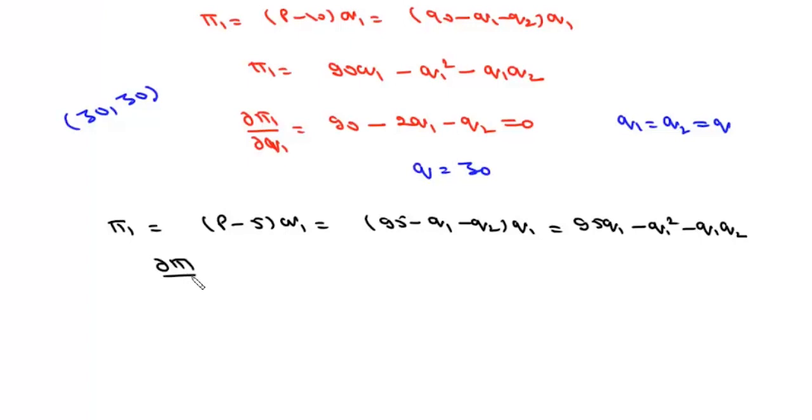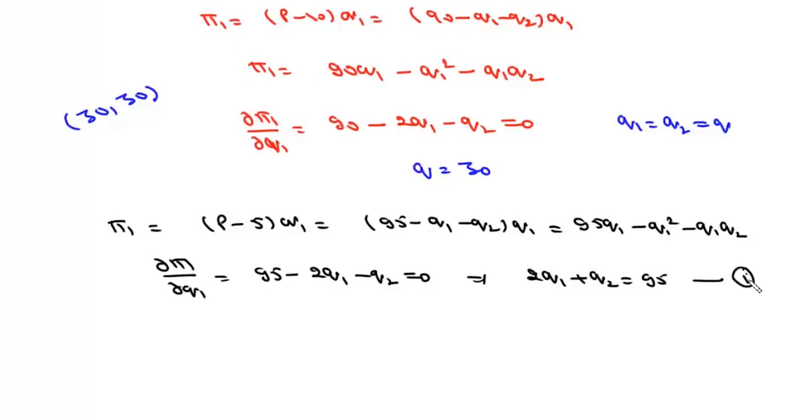Now again we'll differentiate it with respect to Q1. We'll get this as 95 minus 2Q1 minus Q2 equals 0. So we have our first equation, which is 2Q1 plus Q2 equals 95, and that's our equation 1.